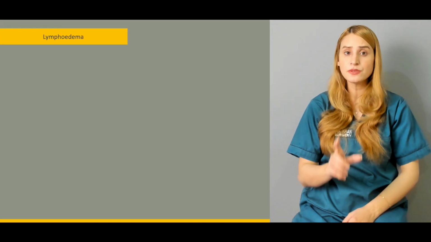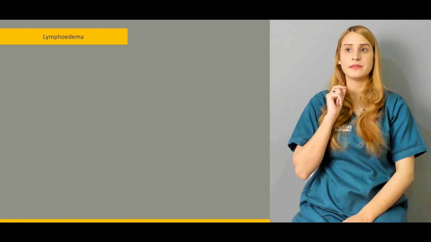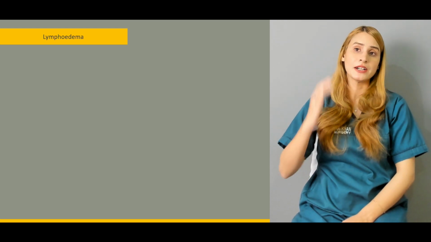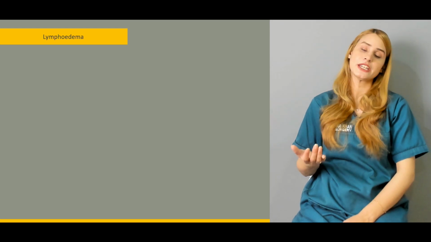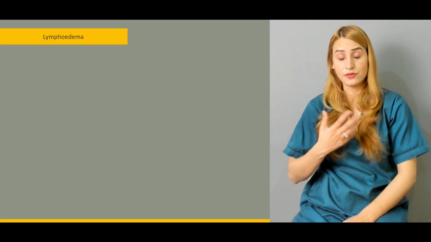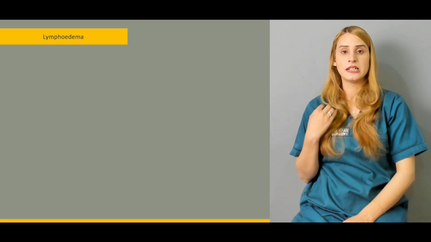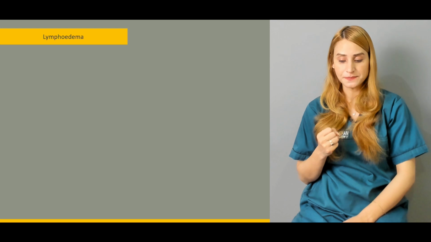So you have to not only treat the acute case of lymphangitis, but you ultimately have to treat the complications as well, because complications arise when you do not treat the lymphangitis in the appropriate way.